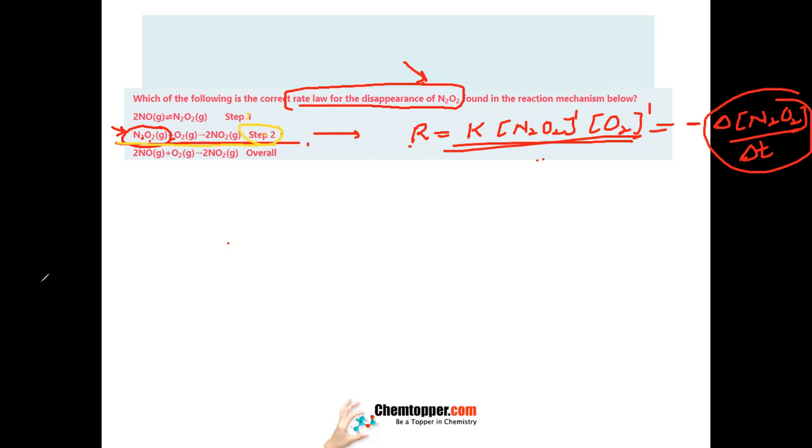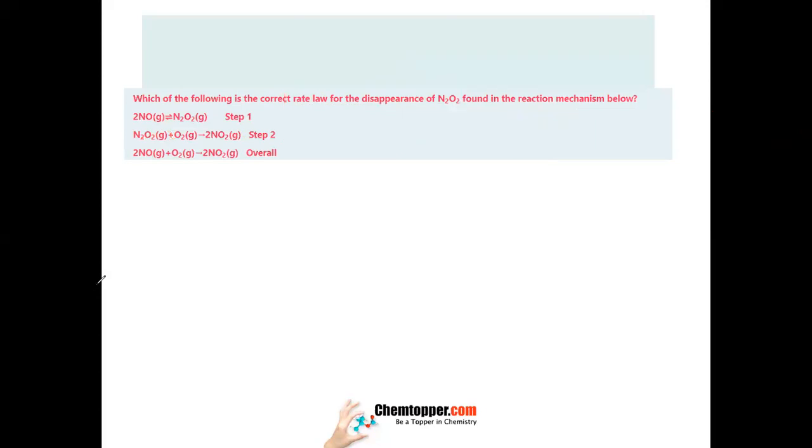Now I'm asking more questions based on it. Can you identify the intermediates, and is there any catalyst also? This is step 1, this is step 2, this is the overall reaction.